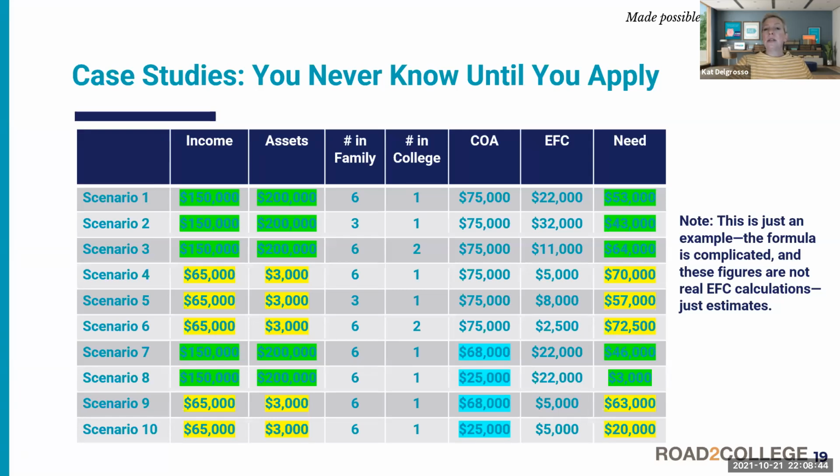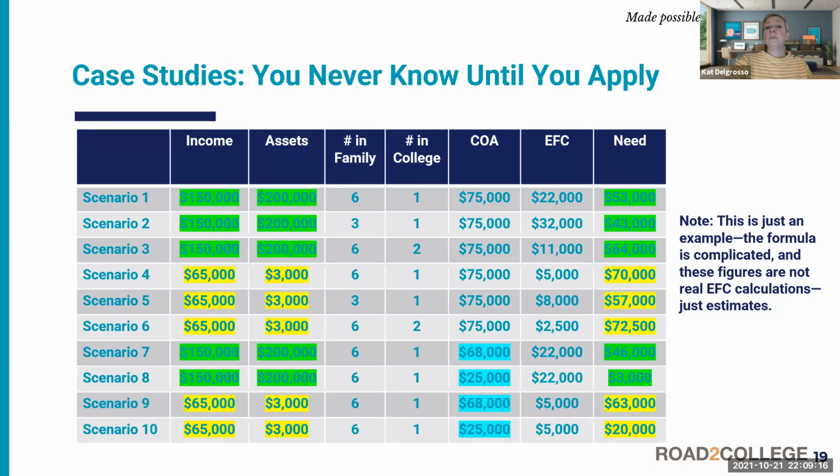But there are some colleges that choose to use some extra things. So one of the things is to take into account the cost of living, let's say at a San Francisco versus someone who lives in the country in rural Pennsylvania or something like that. That's actually called a cost of living adjustment or COLA. Some colleges will add that onto the formula and how the need comes out.